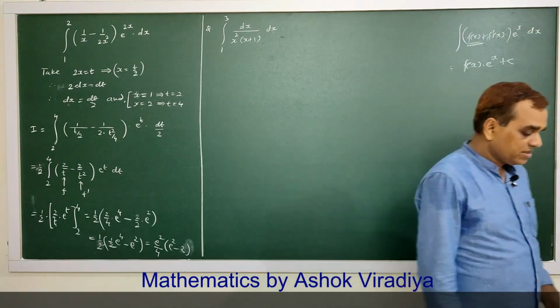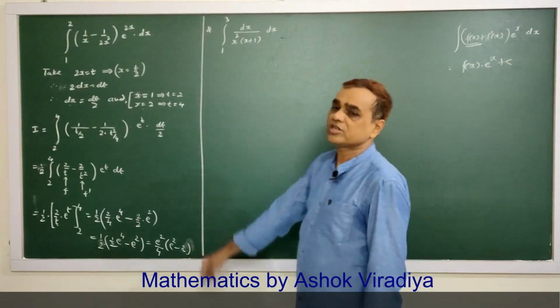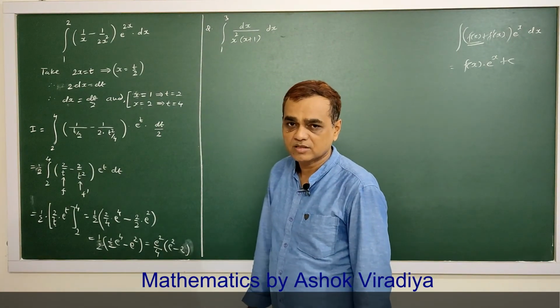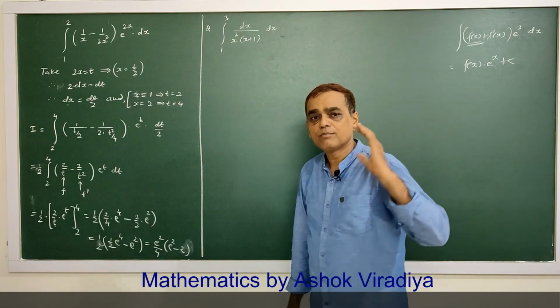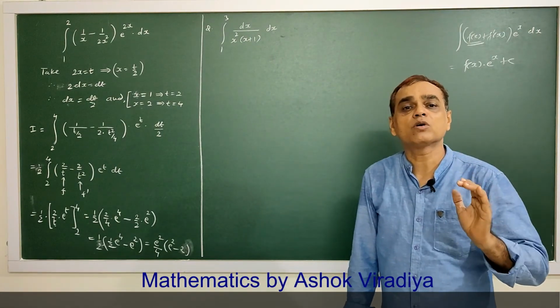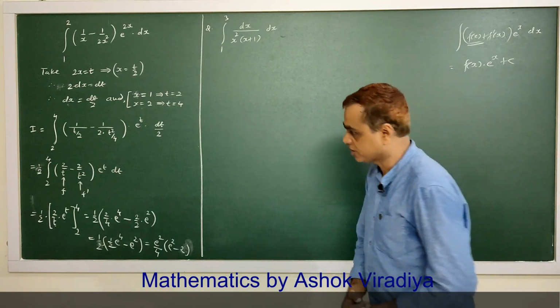Now in this question, method of partial fractions, the procedure is the same, only extra is put upper limit minus lower limit at the end, and we do not include c in this calculation.